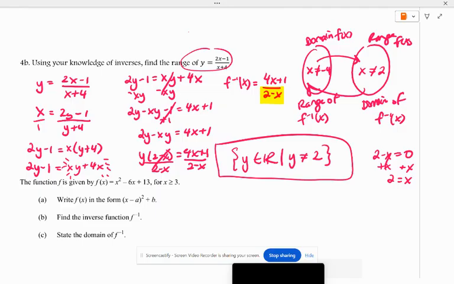X goes into f of x and comes out as the output. The domain of f of x is all the x's, and the range of f of x is all the y's. When I find the inverse, you're basically just switching these two blocks. You have to find the range of the original, and you do that by finding the domain of the inverse. You guys got that?